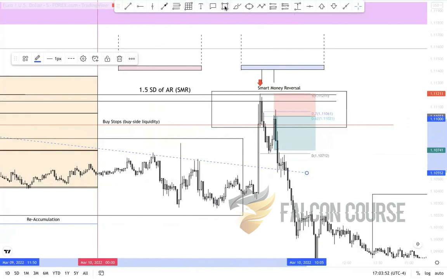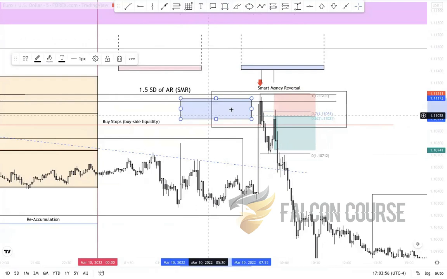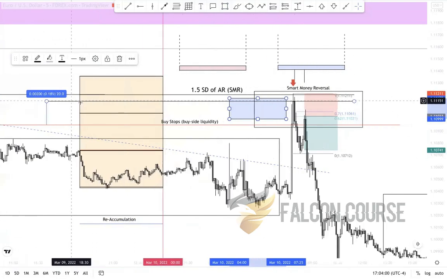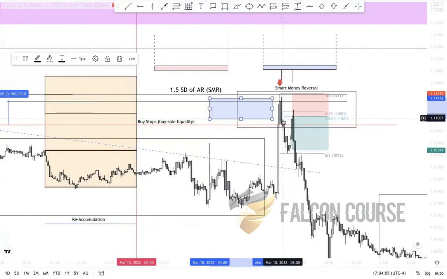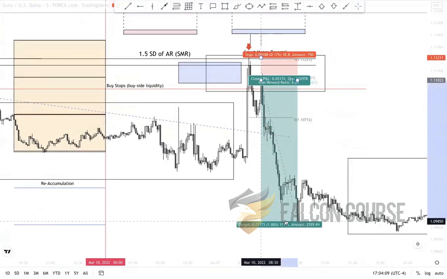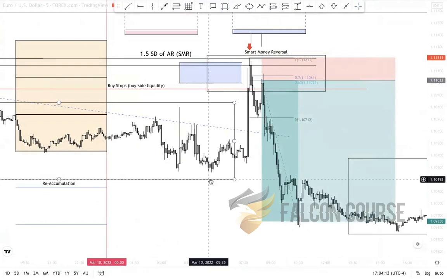So imagine that here on the left side, we would be filling a fair value gap from the left side. And you see something like this, the impulsive move, the pullback, the retracement, then that's a pretty clean trade right there.